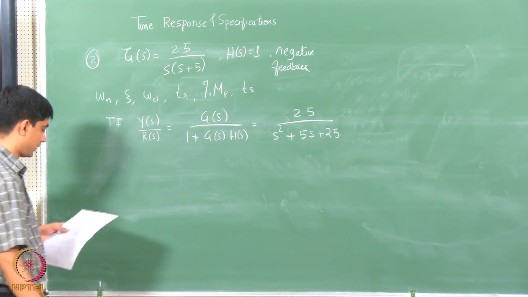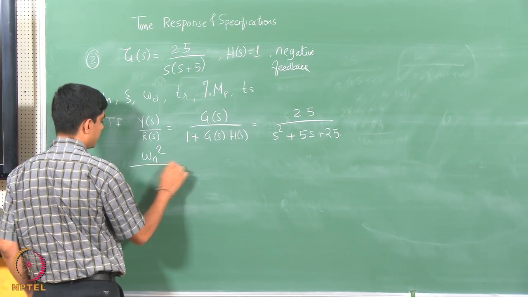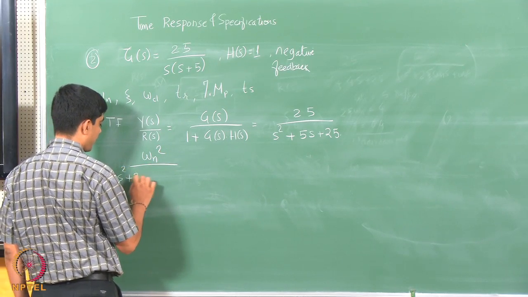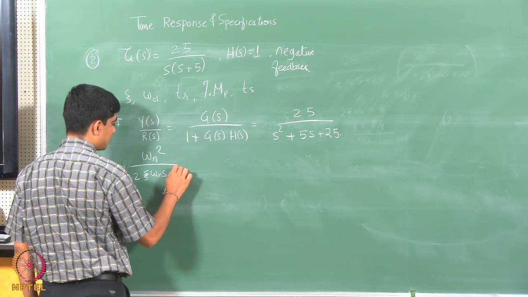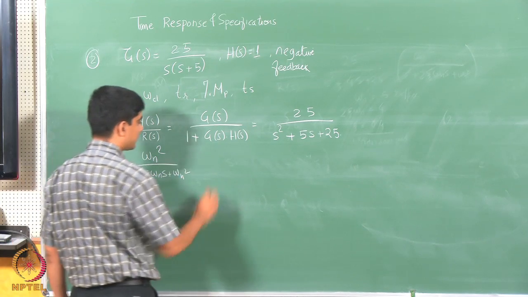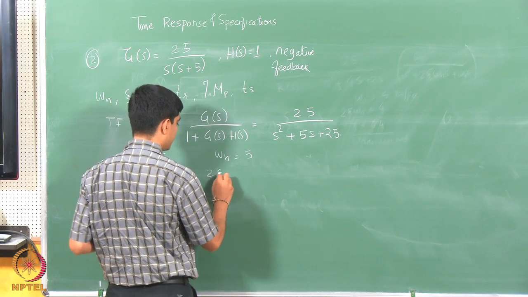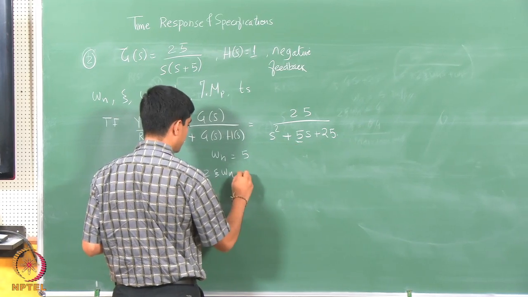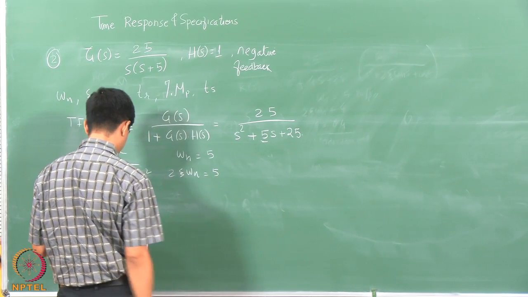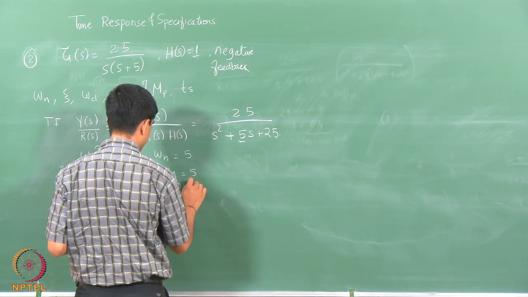Okay. So, I just compare this with the general form of omega n square over s square plus 2 zeta omega n s plus omega n square. It gives me omega n is 5 and 2 zeta omega n is 5, and therefore zeta is 0.5.